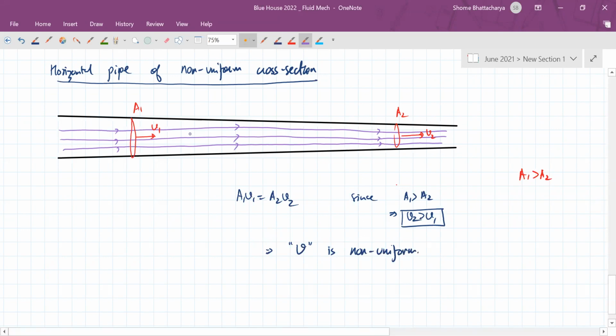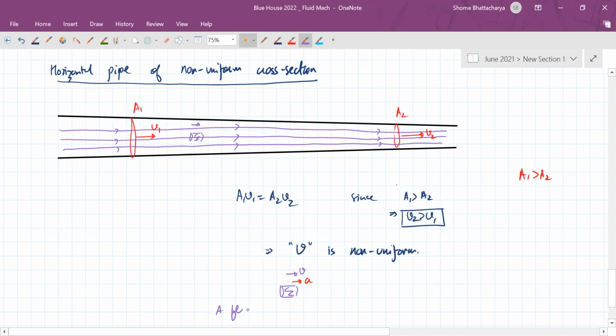Now when I consider a small fluid element making a journey from this side to this side, it is undergoing an accelerated motion. Or, if the flow were reversed, the fluid element would be undergoing a decelerated motion. When you consider this fluid element going in a direction in which its velocity is increasing, it should have an accelerated motion.